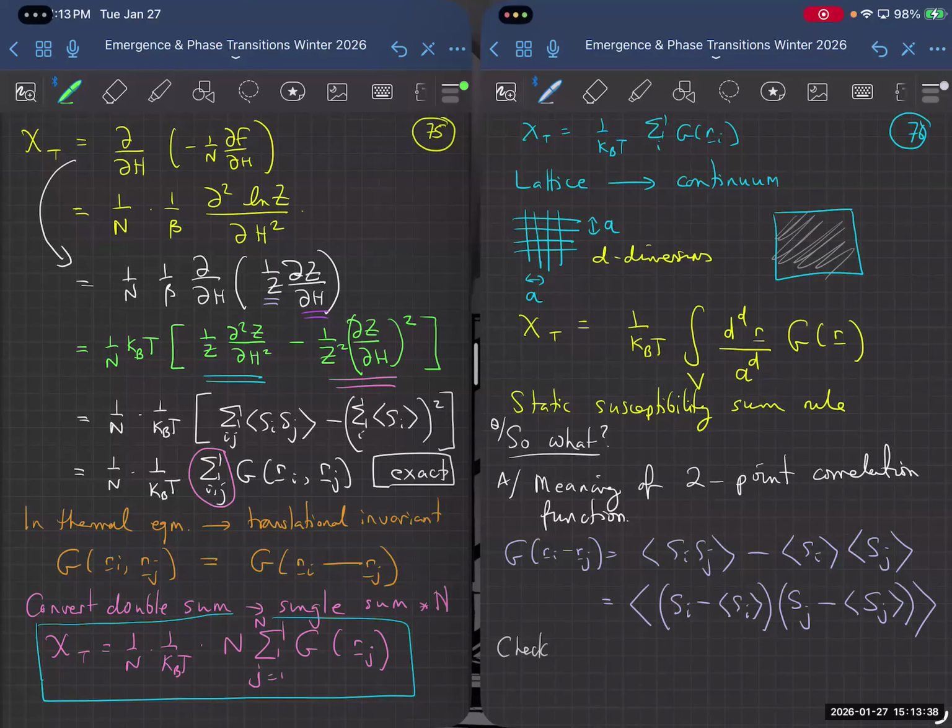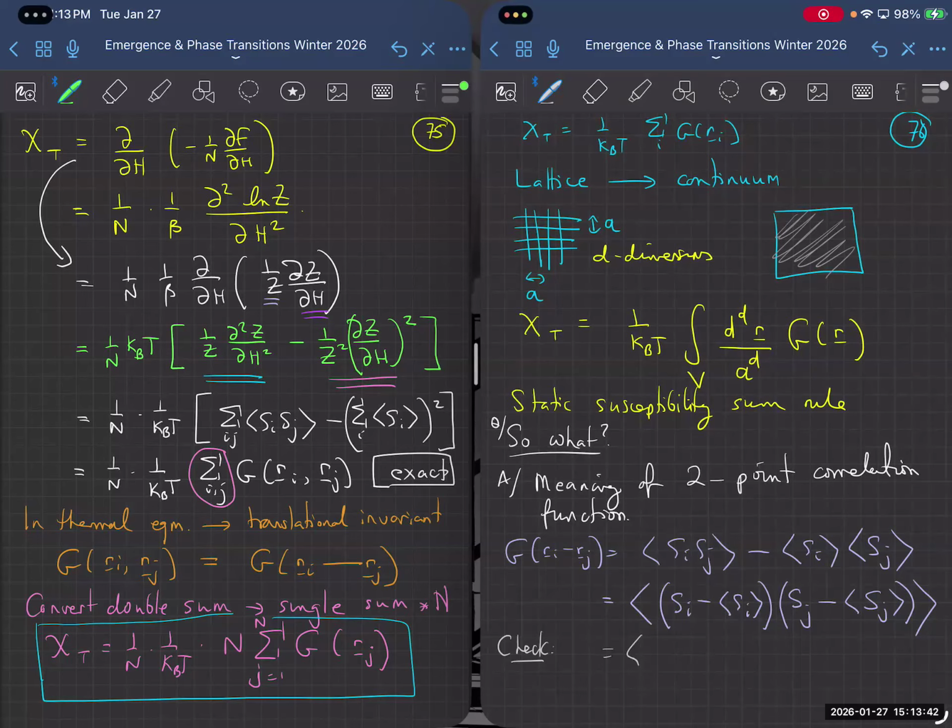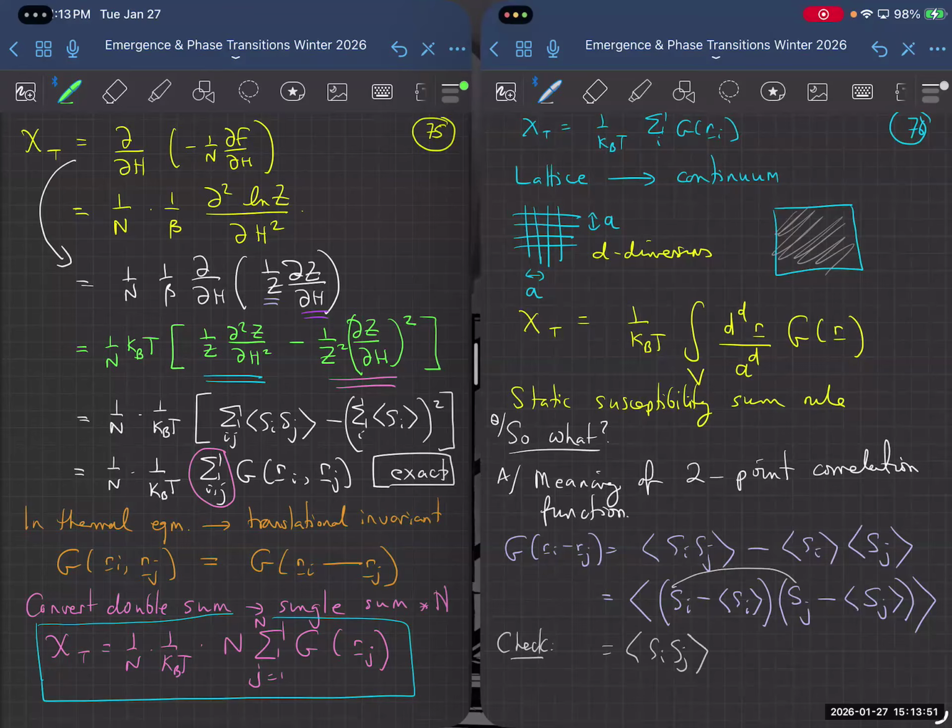Well, you have this is equal to the average of S_i S_j, that's that with that, and then I have S_i times the average of S_j, so I have minus that. What is the average of the average? It's just the average. So I get that.